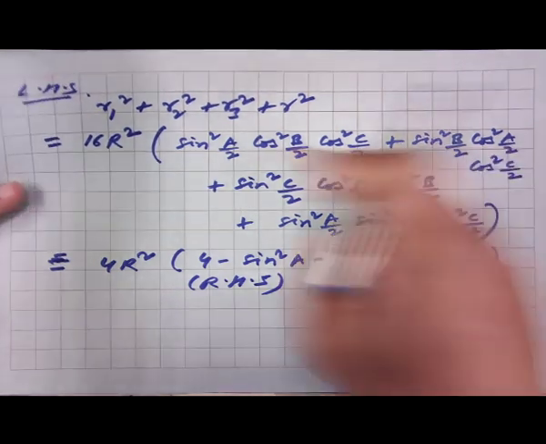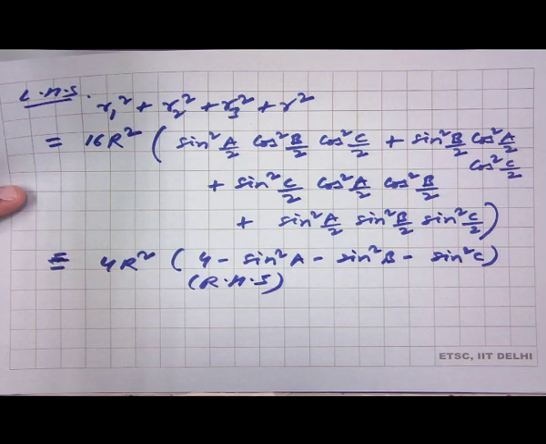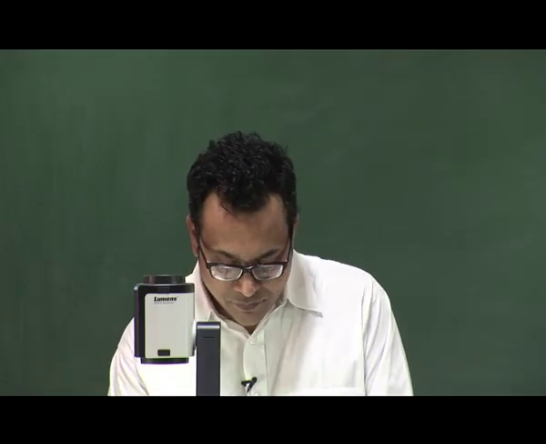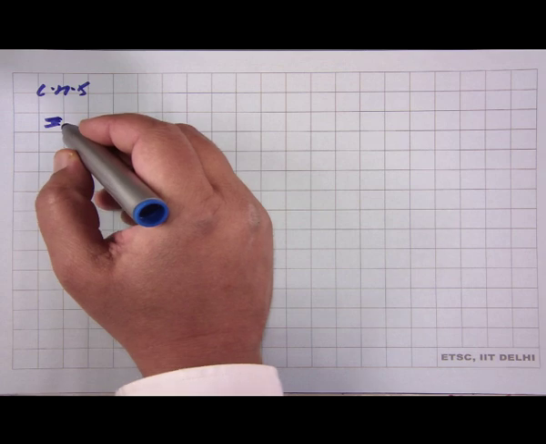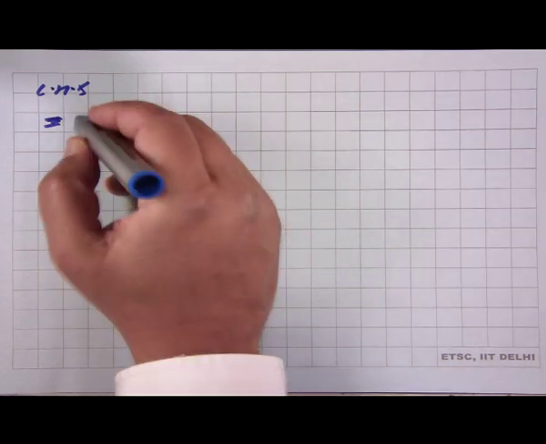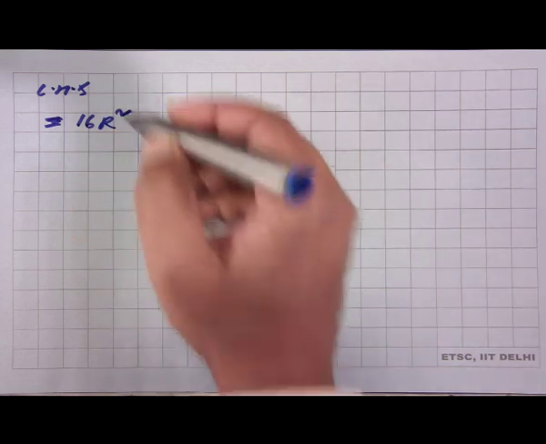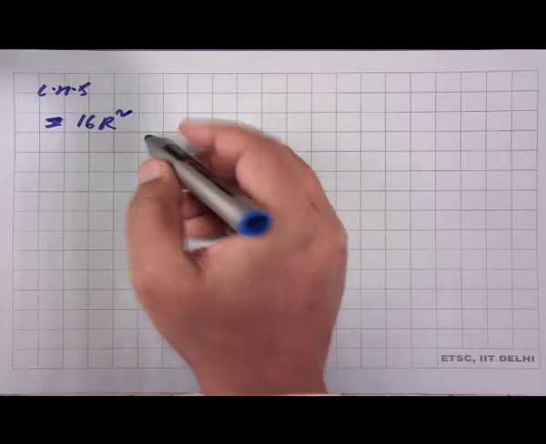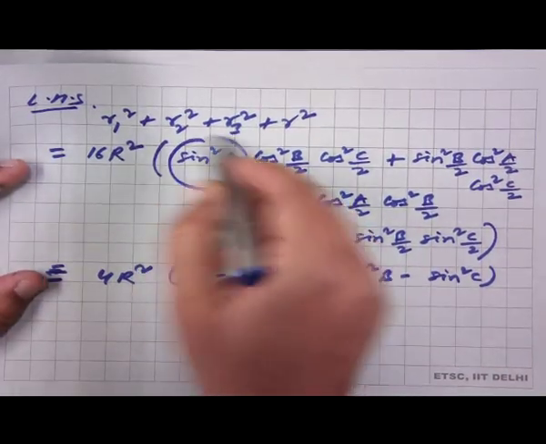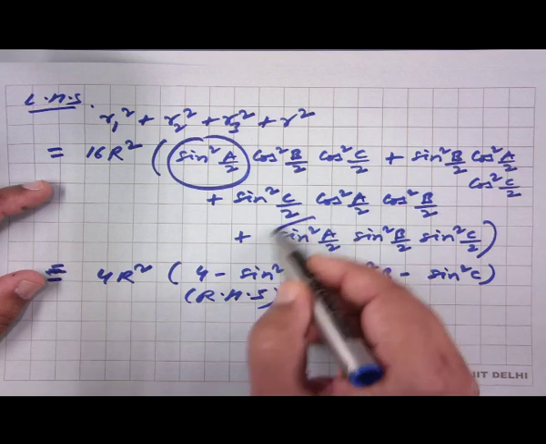So, going back to the left hand side expression, the LHS is equal to 16R square into, so we will take sine square A by 2, which is here and it is also there in the last term.